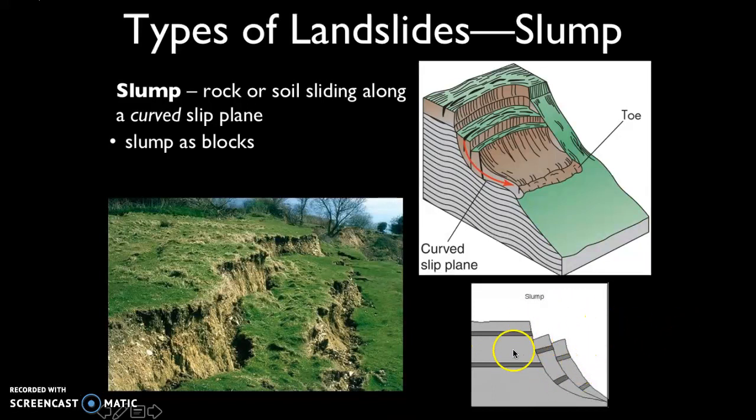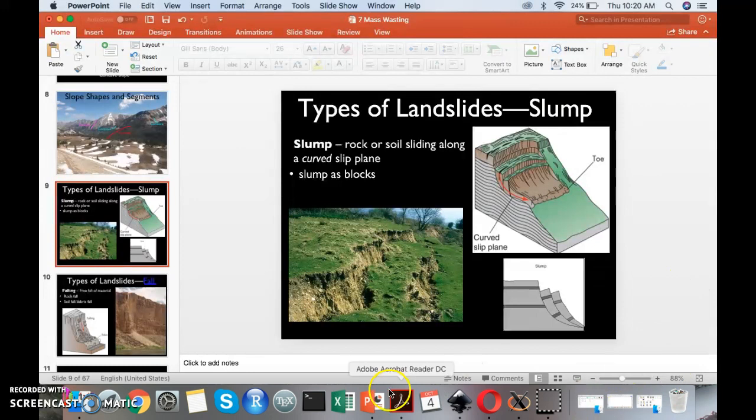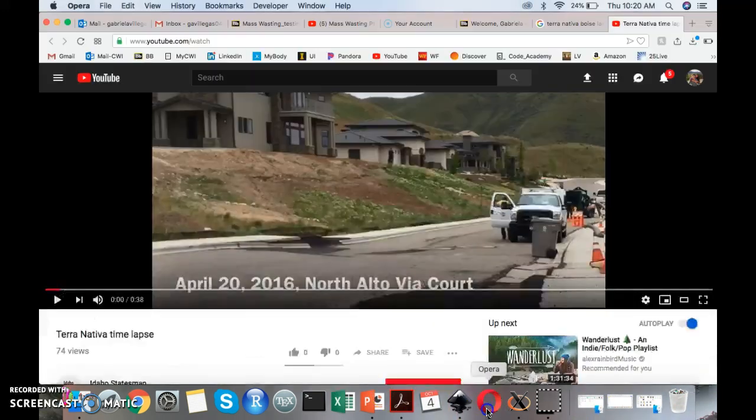You're also seeing a profile view of how this looks. Again, you're seeing that curved slip plane. Each of these is a slump block. The head scarp is up here, and you cannot see the toe, but you're expecting the toe to be somewhere over here.